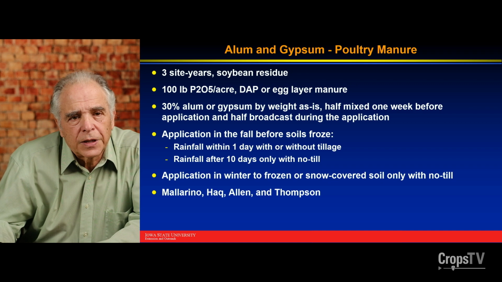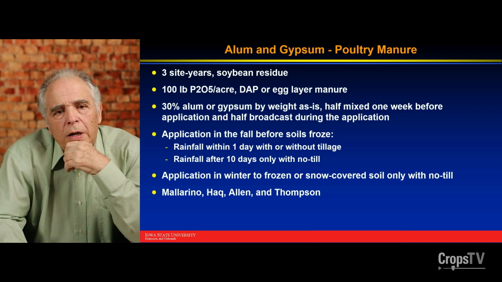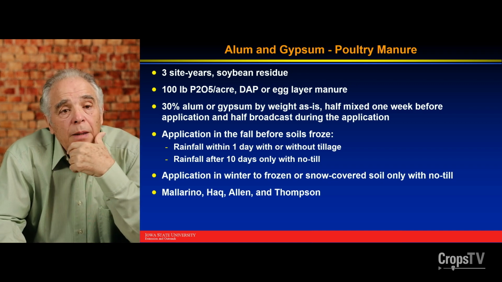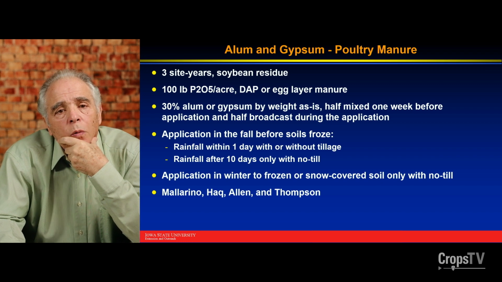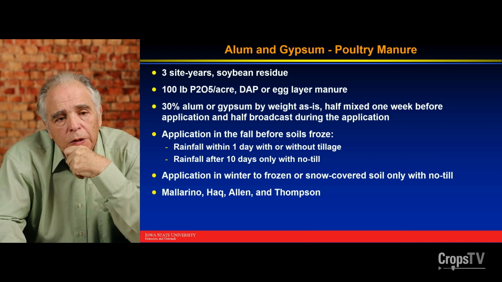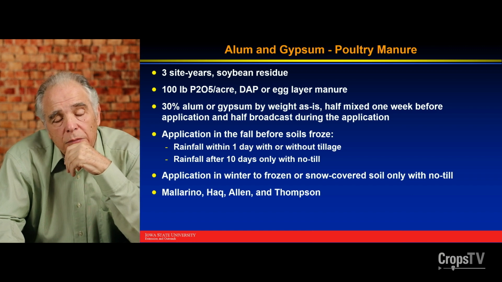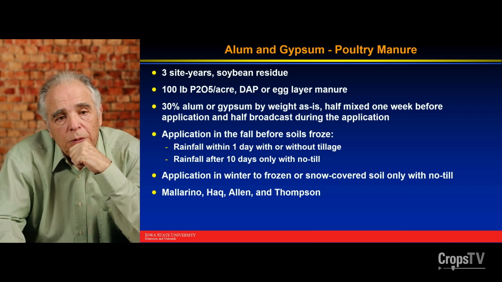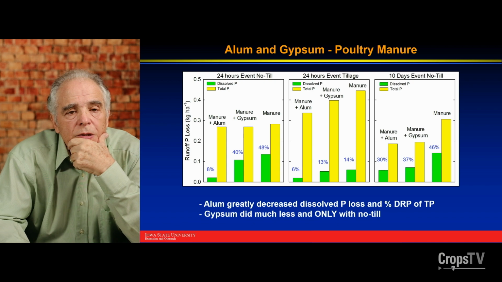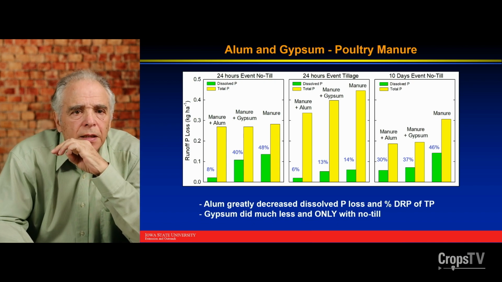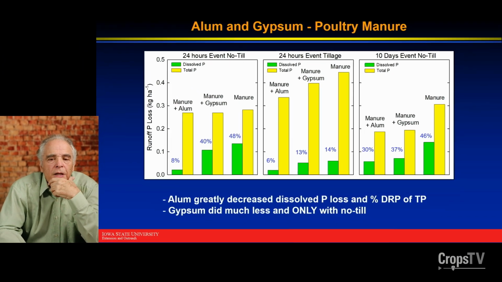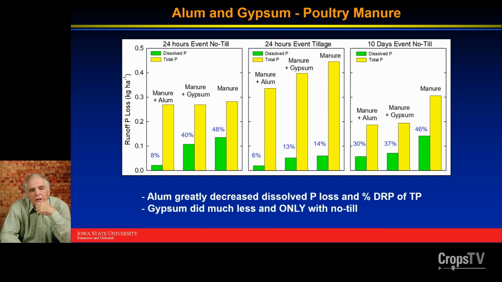In this first study, we compare DAP fertilizer with egg layer manure, and we mixed alum or gypsum with the manure. And this was rainfall simulations. So in this slide, again, we use the timing of runoff.